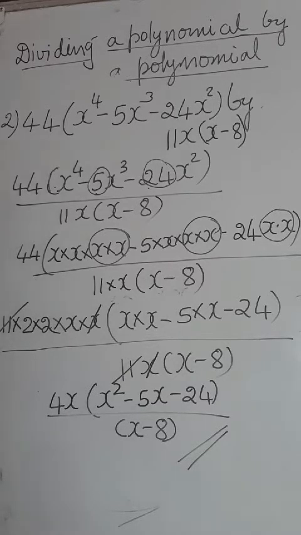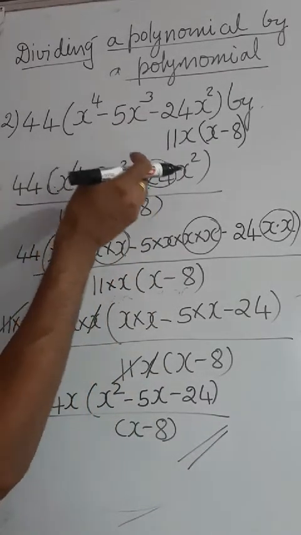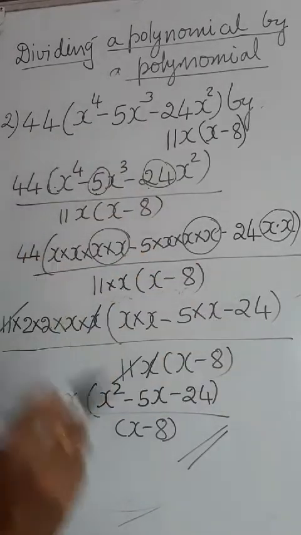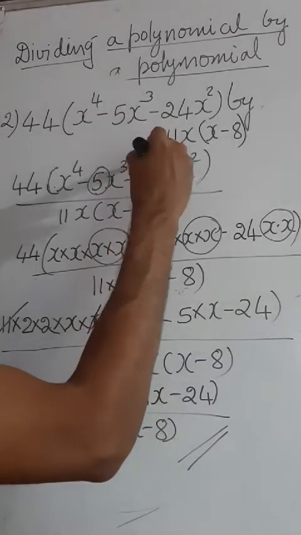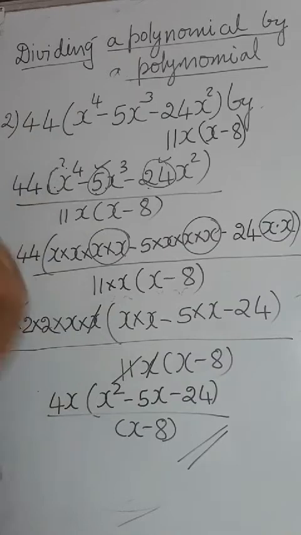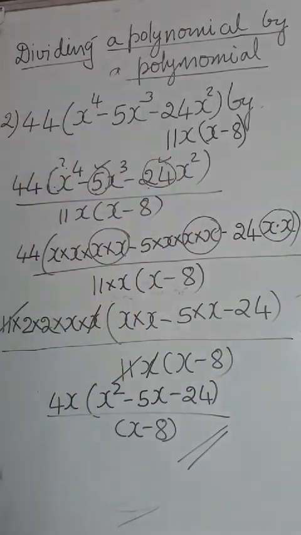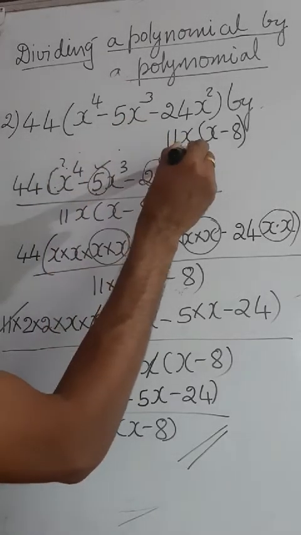So the important thing, whenever you take common terms outside, you should first see whether it is required to write the number in its irreducible form. Because here, as I told, once again I am repeating, number is there, but here there is no number. Then why should I write that? But x is common everywhere you are seeing. If you find directly, you can write here x square, here x, because x square.